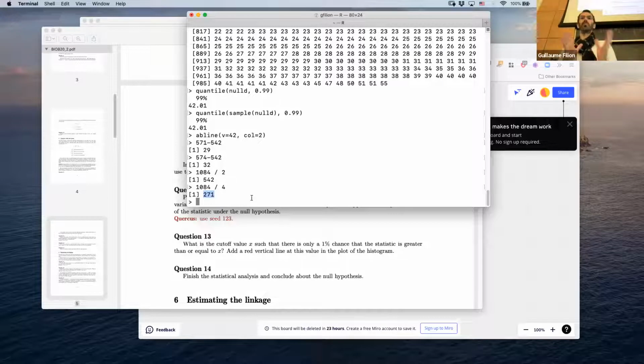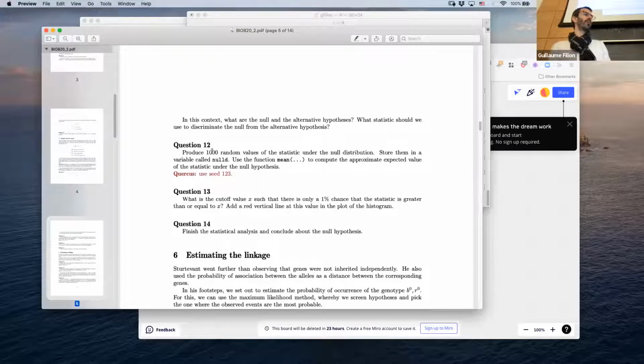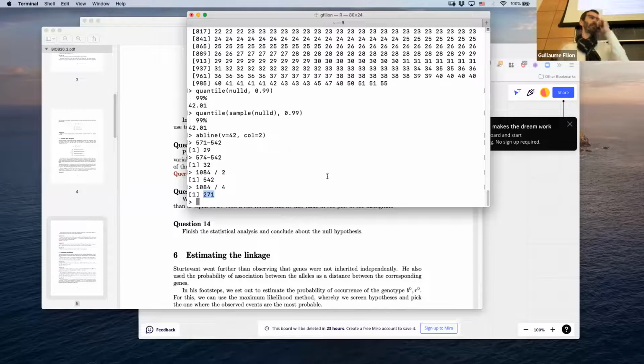So we're taking the absolute value of the difference with the expected, same as before, but now the expected has changed. It's 271 now. Good with everybody? It's more of the same, it's just that we're revisiting different ways of solving that problem. Produce 1,000 random values of the statistic under the null distribution, store them in a variable called null d, and use the function mean to compute the approximate expected value. So it's the same as we did before, but this time the details are slightly different.